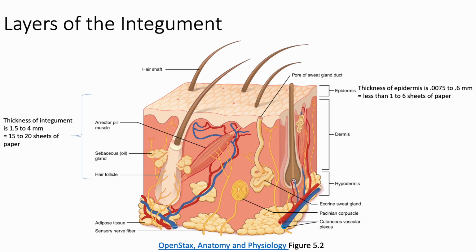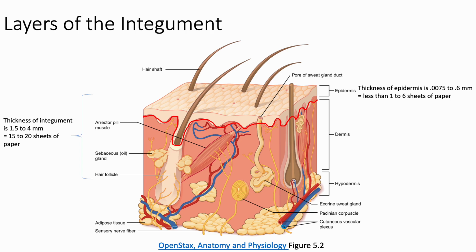All right, let's take a minute and look at sort of an overview of the integument. Now, the first thing that I want to point out is notice that there are these sort of wave-like structures, okay, between, so you see that wavy area, okay? We'll talk about that. So those are called papilla or papillae, and they essentially increase the surface area of 2 layers so that the connection is better, right?